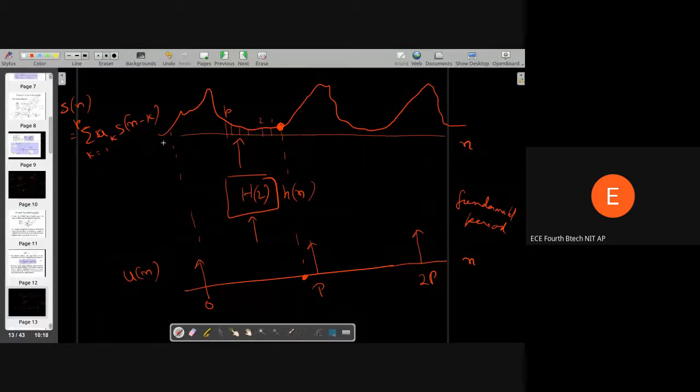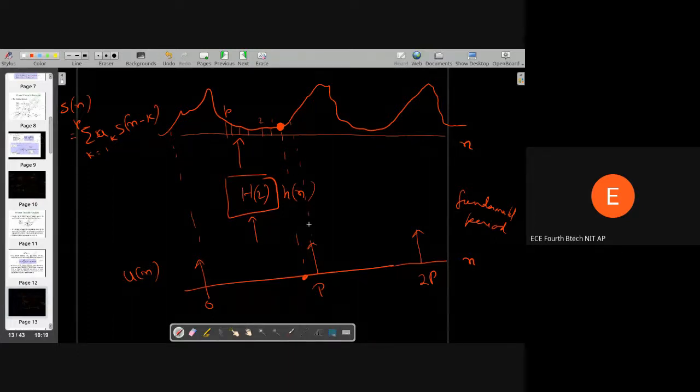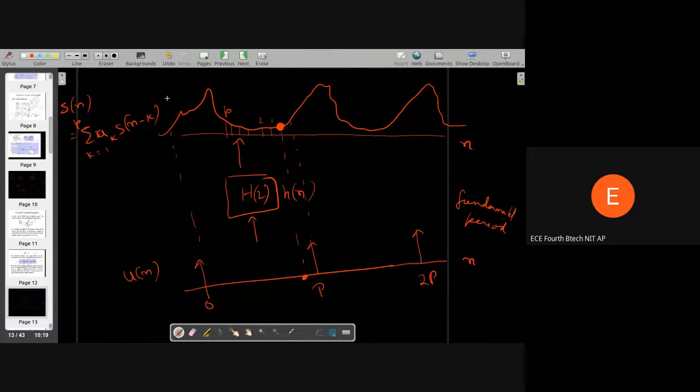Any current sample n, you can represent as a weighted sum of previous p samples. When n coincides with the excitation impulse, there will be another term, a G term, which will come.